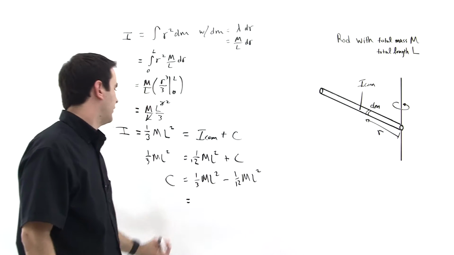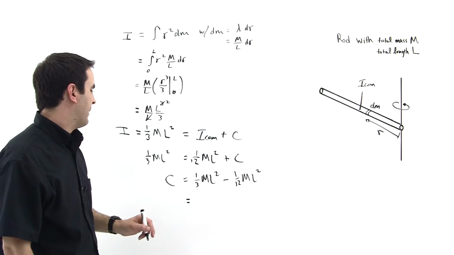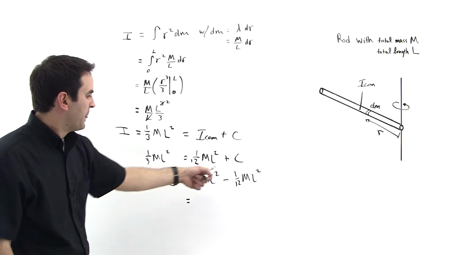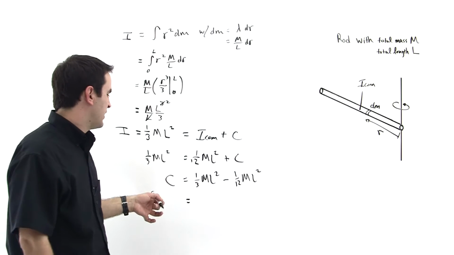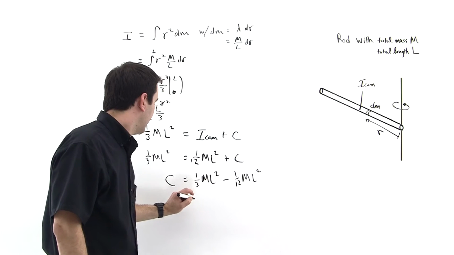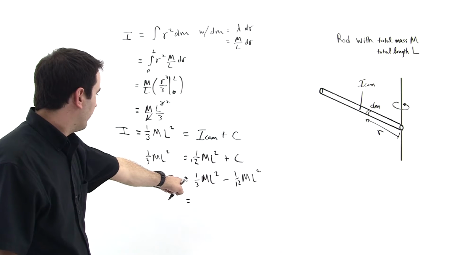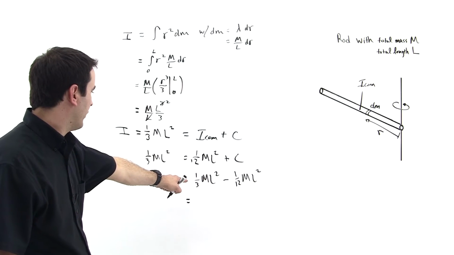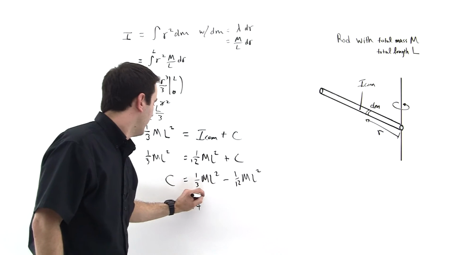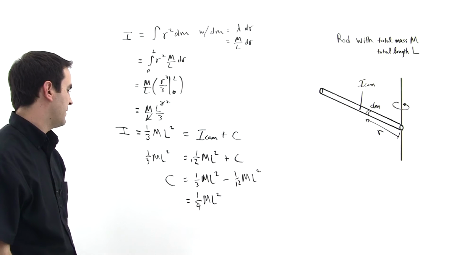Okay, so 1/3, least common denominator is 12. So 1/3 is 4/12. 4/12 minus 1/12 is 3/12, which is 1/4, right? 1/4 M L squared is the difference between these two.